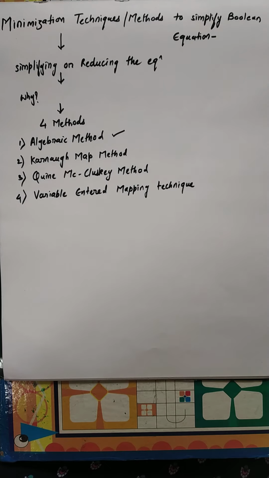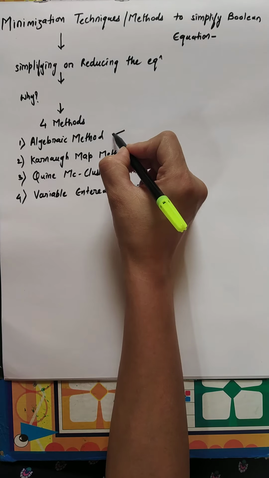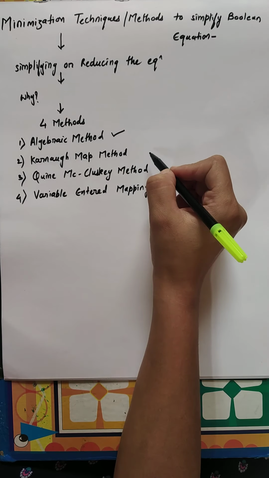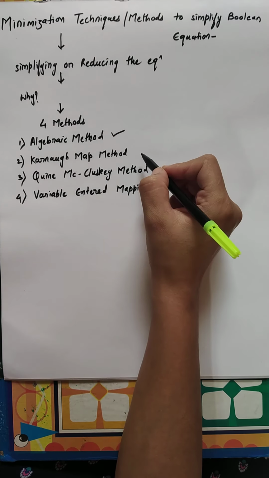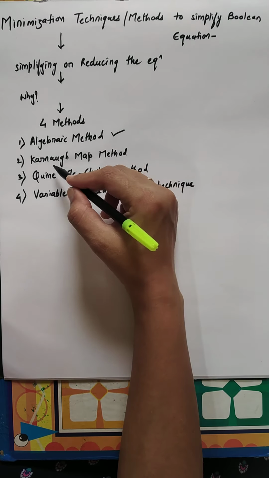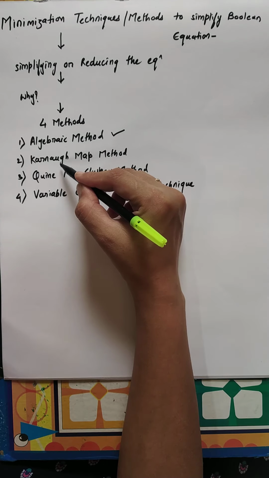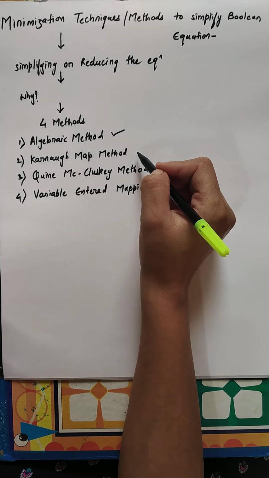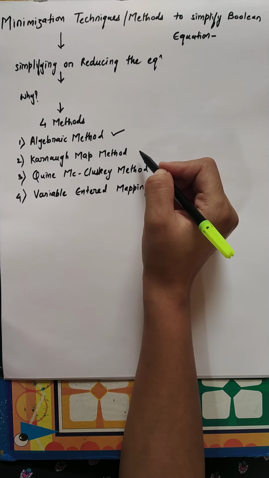To overcome the drawback of the algebraic method, a new method was introduced, that is the Karnaugh map method. Here we use a tabular method, or we draw a matrix, and we directly get the simplified equation. So here we don't have an equation in a non-minimized form.